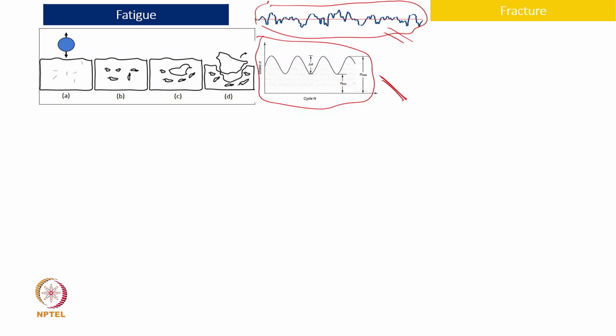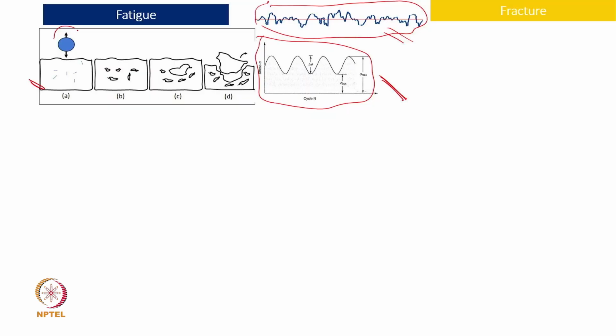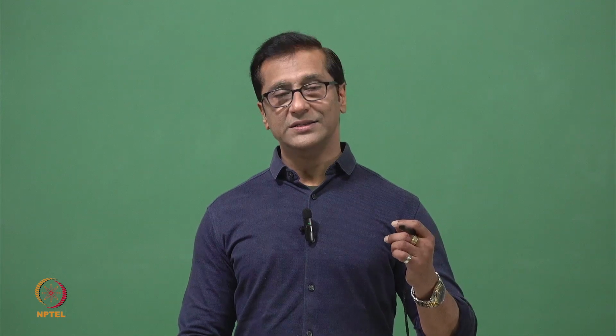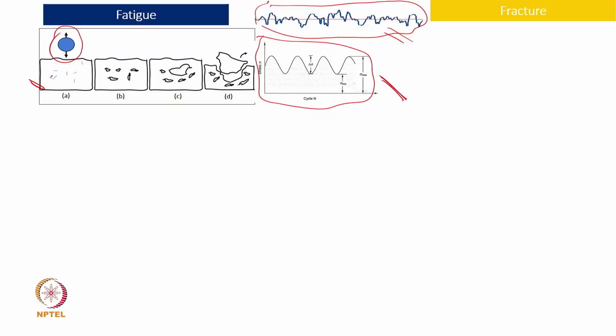Just to elaborate a little bit more, every surface has some cracks, whether a ductile or a brittle material. When we apply fatigue loading, that means we are compressing and releasing, subjecting the surface to compressive force and then to tensile load. These small cracks which were initially there will get elongated in the direction perpendicular to the applied load.